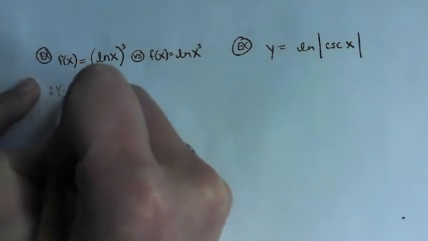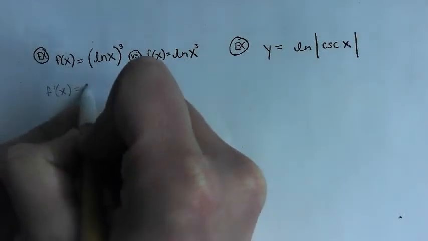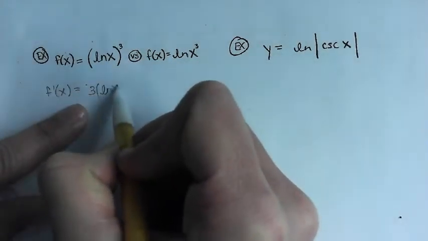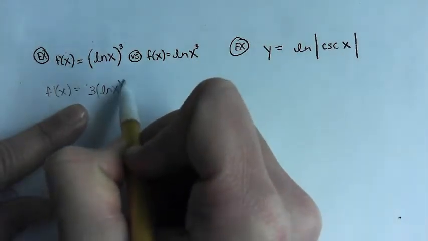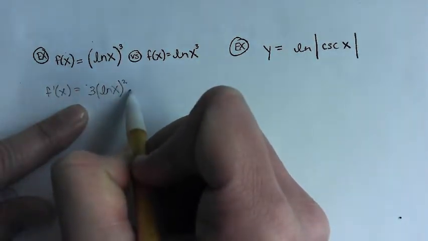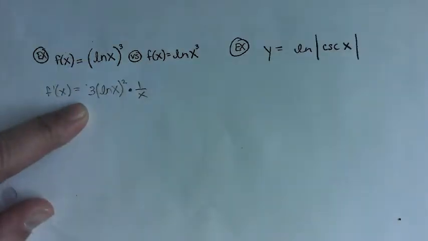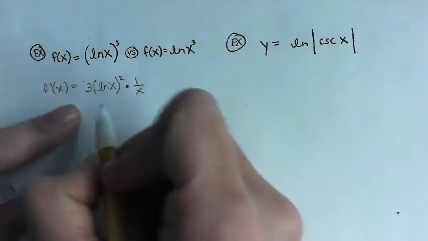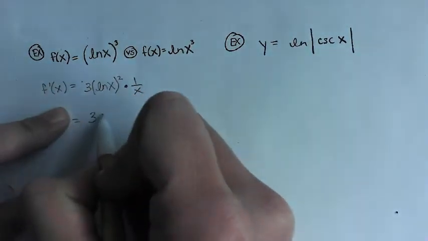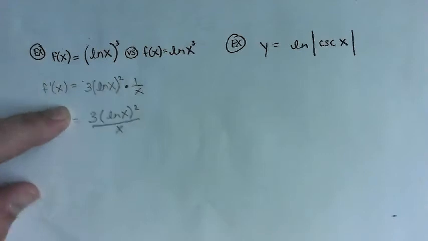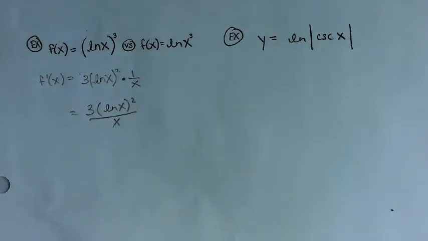So tell me what to write. 3 times ln of x squared, times 1 over x. Perfect. So all things considered, this will just be 3 times the natural log of x squared over x when you condense that.